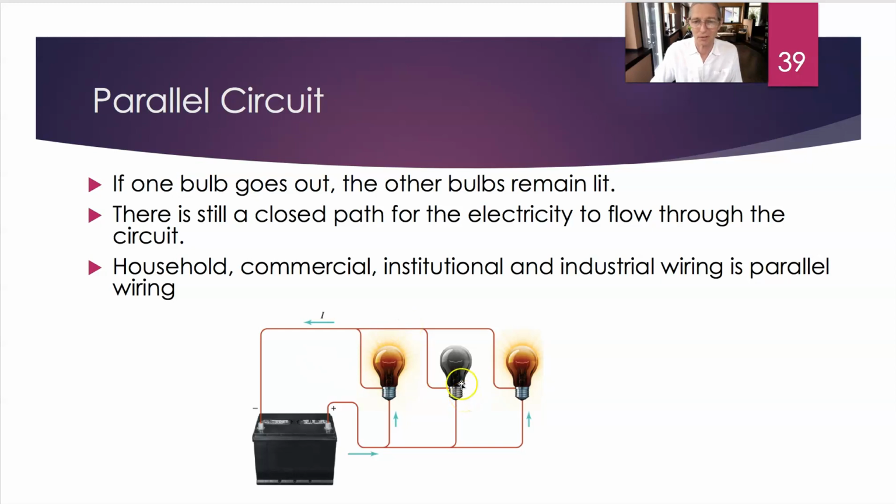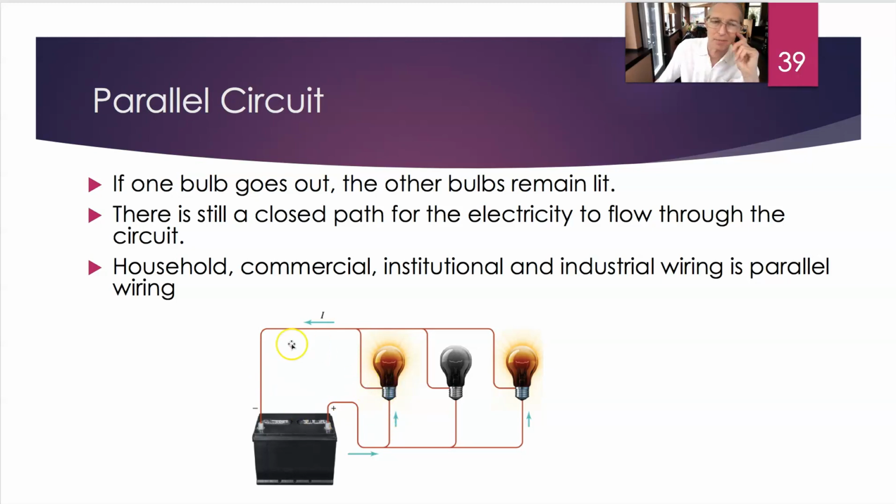So we can see here we've got a bulb out in the middle loop, but the left loop and the right loop, the bulbs are still going strong, because they don't lose any current.